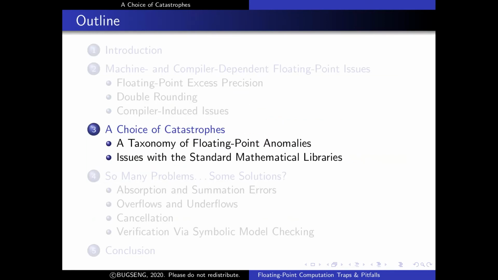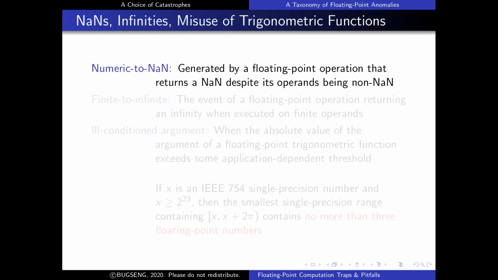Okay, so let's continue with a taxonomy of things that may go wrong. Numeric to NaN. You have an algorithm, and this algorithm produces a not a number. Why is this normally a problem?